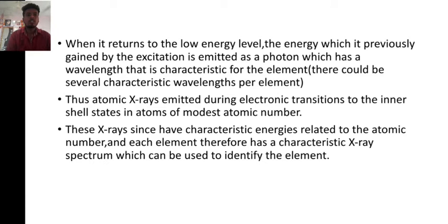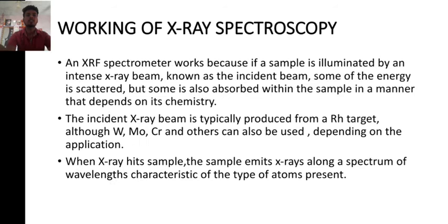Next one, thus atomic X-rays emitted during electronic transitions to the inner shell states in atoms of modest atomic number. These X-rays have characteristic energies related to the atomic number, and each element therefore has a characteristic X-ray spectrum which can be used to identify the element.